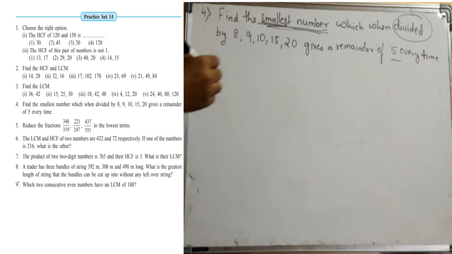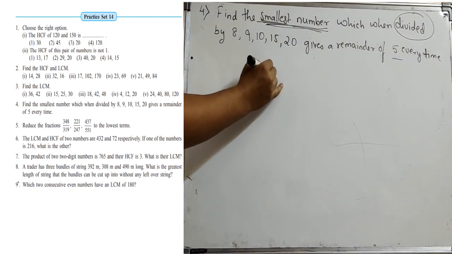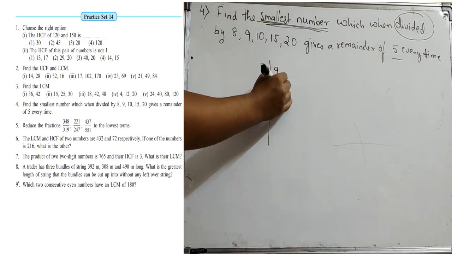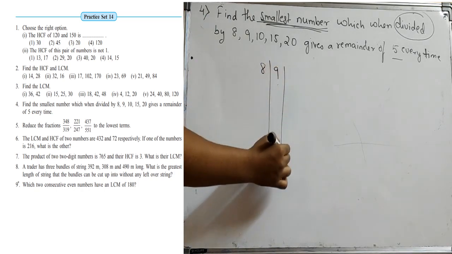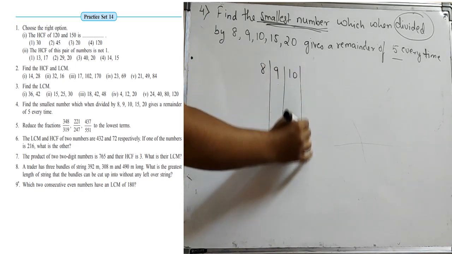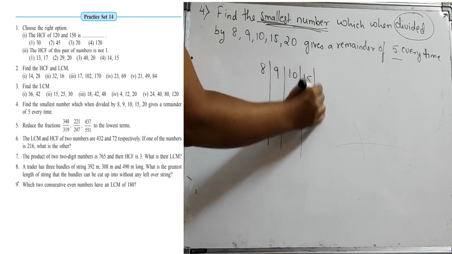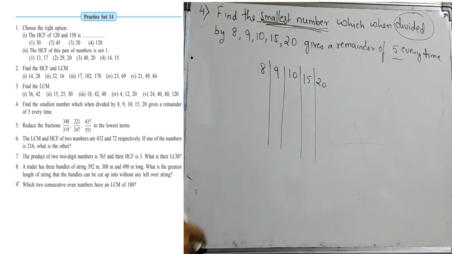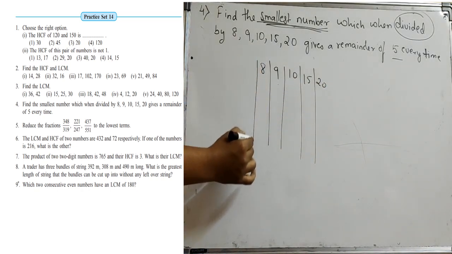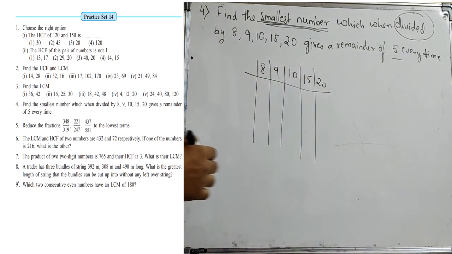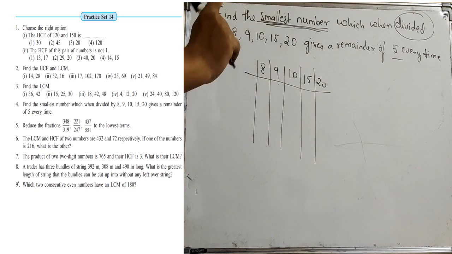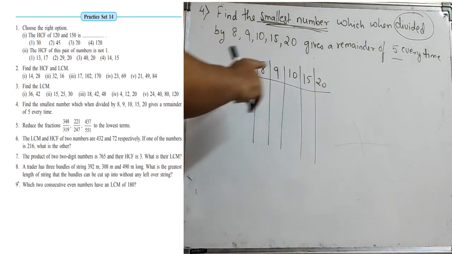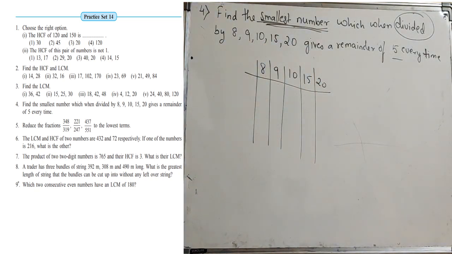So you have 8, 9, 10, 15, and 20. Now students, over here I'm going to have a bit of a different approach. Why? Because you cannot find a single number which will divide all these given numbers.